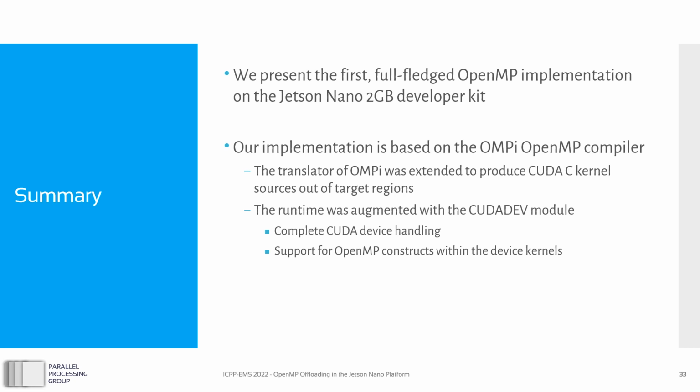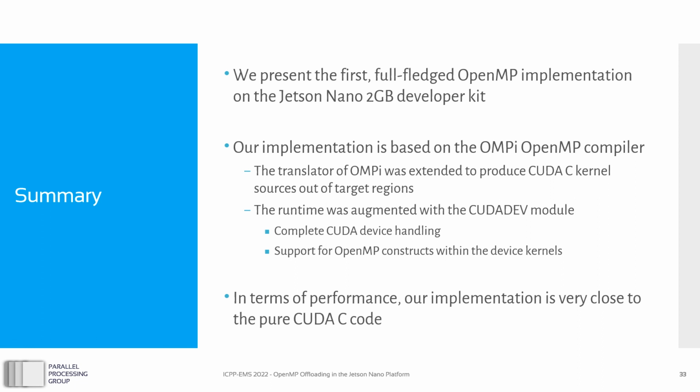And secondly, the runtime was augmented with the CUDA-dev module, which offers complete CUDA device handling and support for OpenMP within the offloaded kernel. Of course, it can support other CUDA GPUs as well. And in terms of performance, our implementation is very close to the pure CUDA-C code.